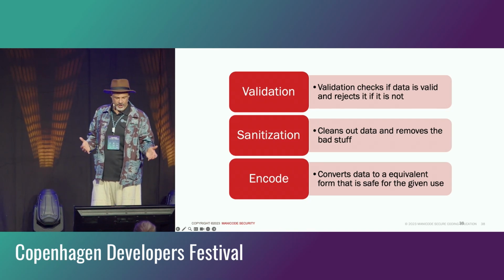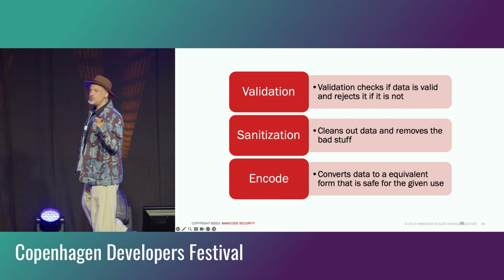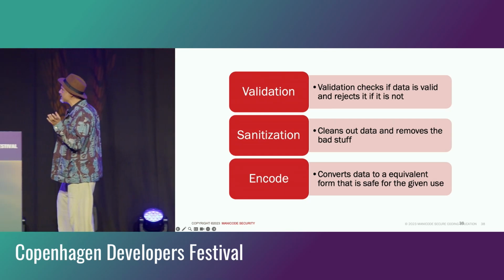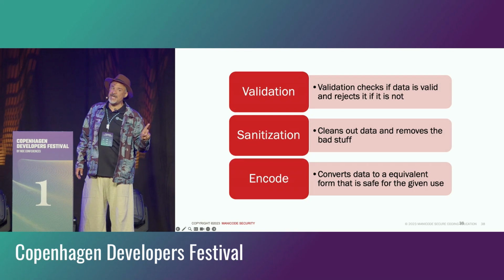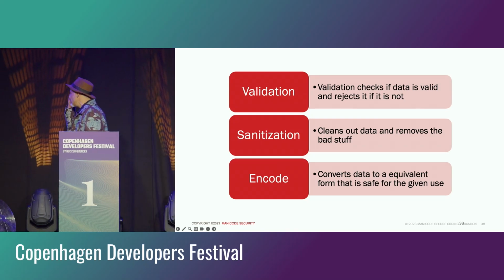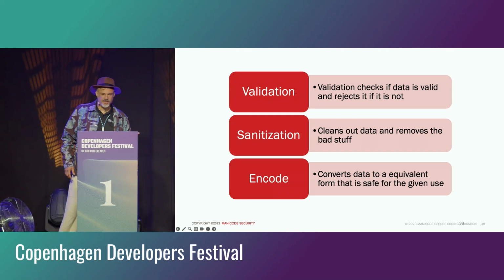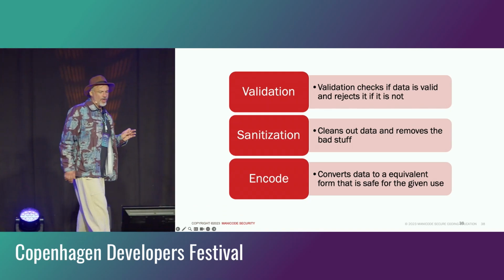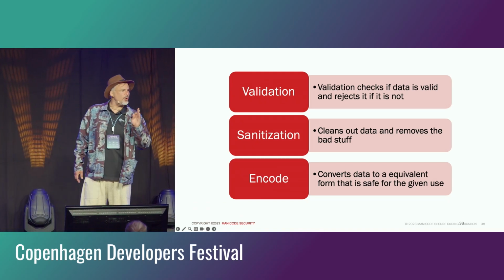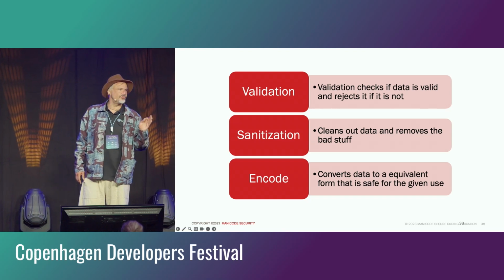That's good validation. Sanitization, which you should almost never use, is going to take bad data and clean it up and then render it. This is dangerous in most cases, but in React, we need to use it for one specific use case. Encoding, which is built into React through JSX, will convert data to an equivalent form that's safe to render.